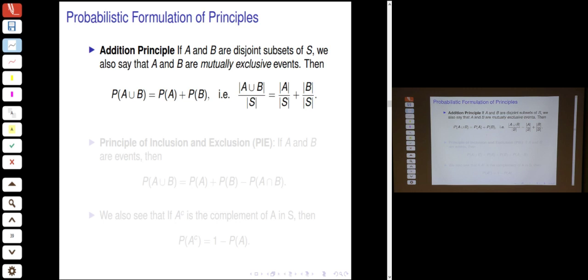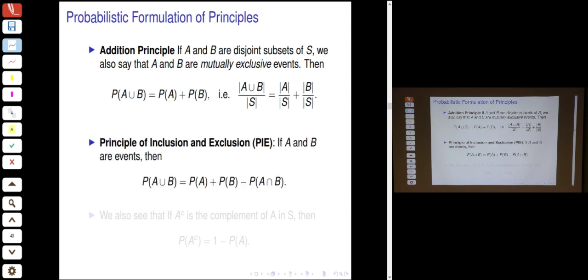Then the probability of A union B is P(A) plus P(B). The reason is this: if they are disjoint, the size of A union B is just the size of A plus the size of B. Therefore, by counting, you immediately derive the probability.